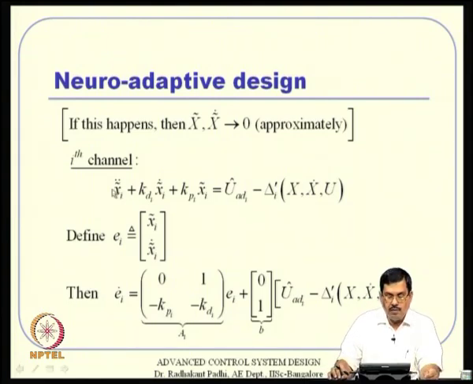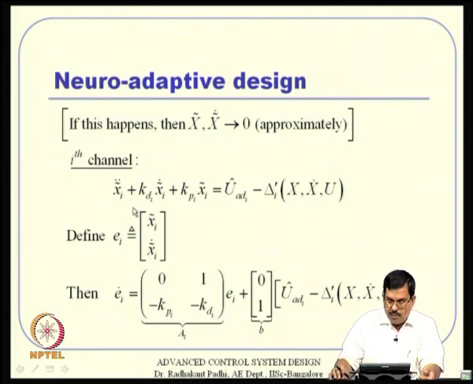The double derivative forms are not applicable with respect to Lyapunov theory. So we want to convert this into state space form. For every channel of this error, you will have a 2 by 1 vector in the state space.